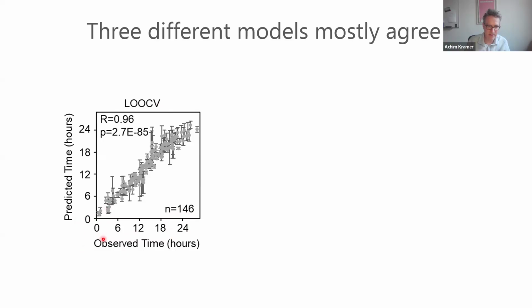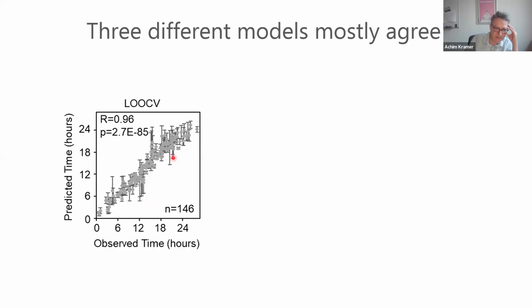And then you see what is observed with respect to Dilmo. So this is the true value based on the gold standard, and this is what the computer predicts. And you see a very nice correlation between true and predicted in this leave one out cross-validation assay.